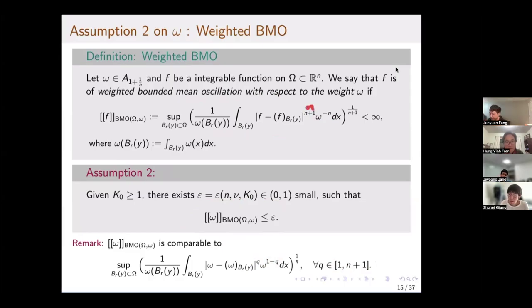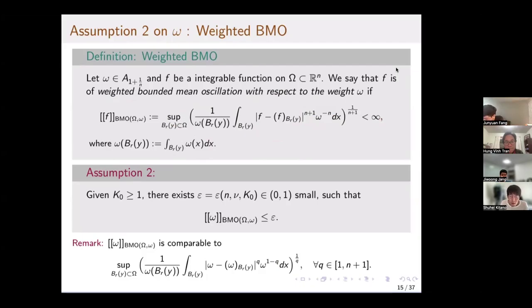Over here this is n plus 1, but if we replace this by 1, then this exponent will be 0, so everything becomes the mean oscillation in the classical sense. That's why we call it weighted bounded mean oscillation instead of mean oscillation to the n plus 1 stuff. But in our paper, this condition comes naturally, so we keep this form. Okay, this is some remark.